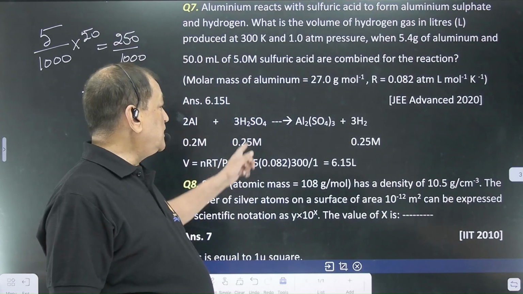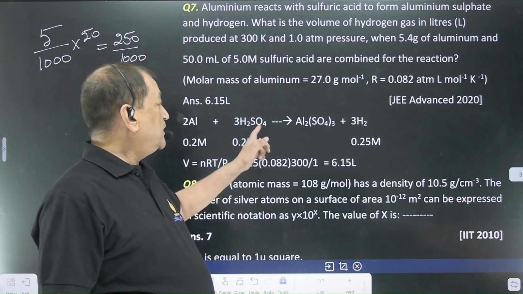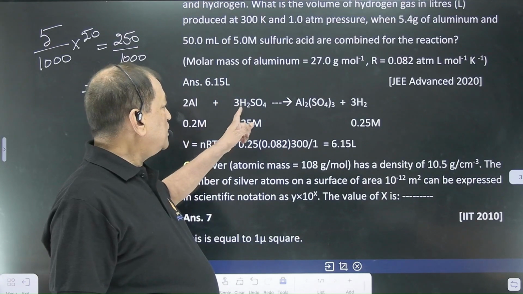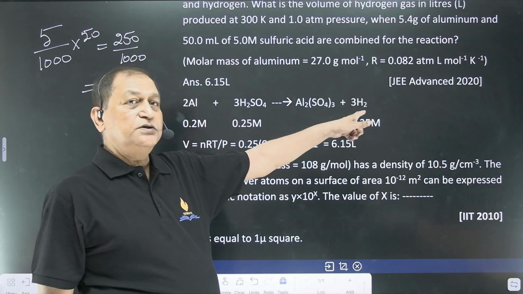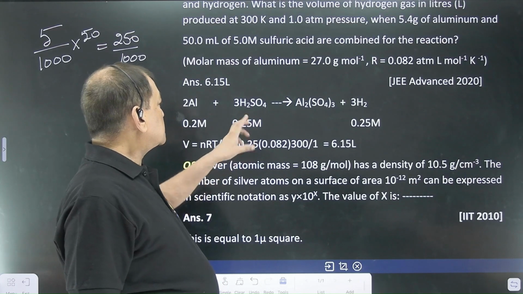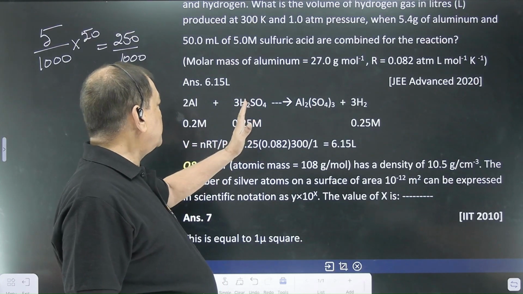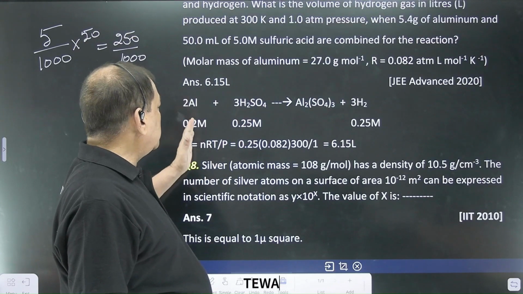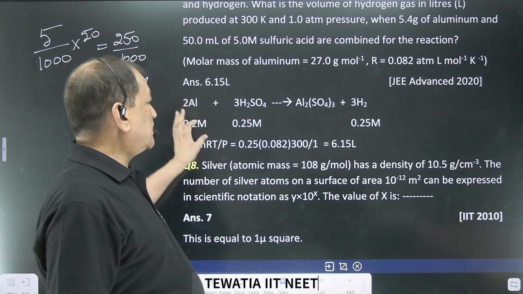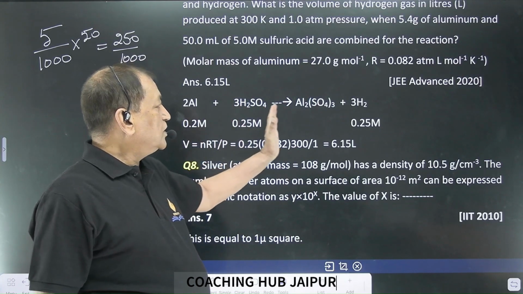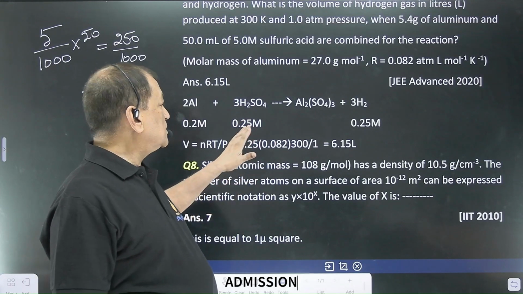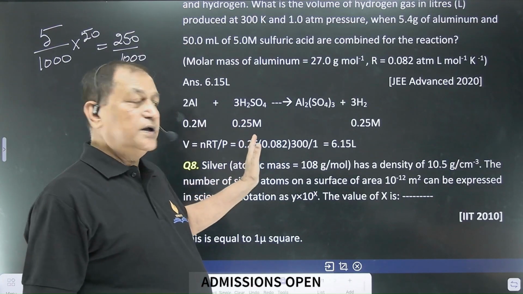So this will be the limiting reagent. So 3 moles produces 3 moles hydrogen. So 0.25 moles of sulfuric acid will react with aluminium. Some aluminium will remain unreacted, and hydrogen will be produced according to the sulfuric acid limiting reagent.